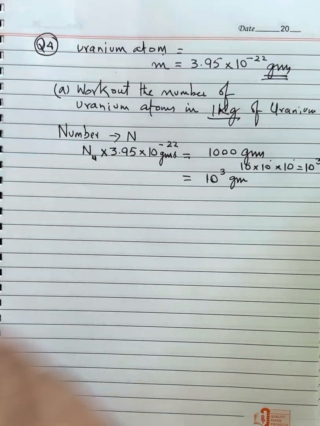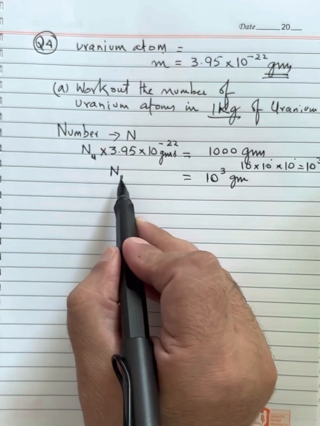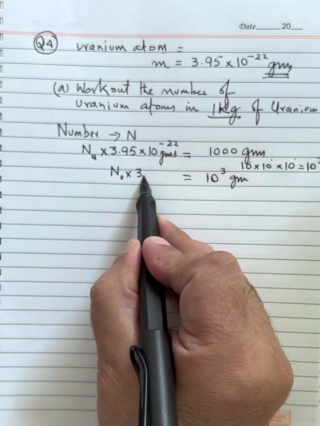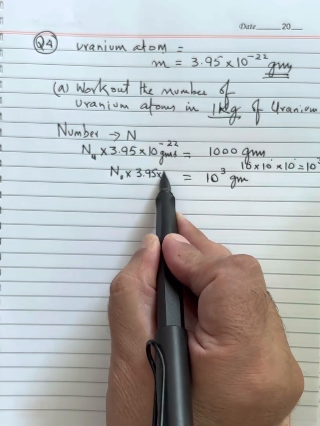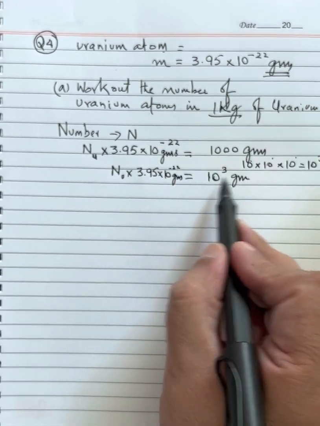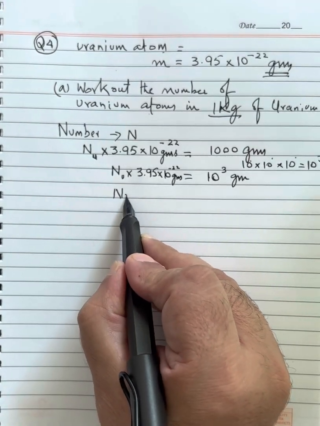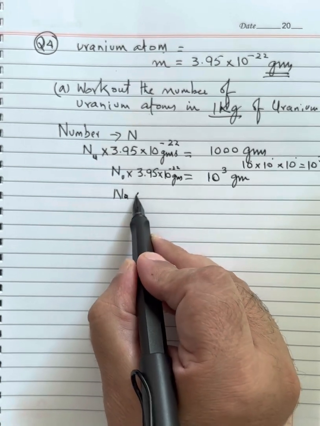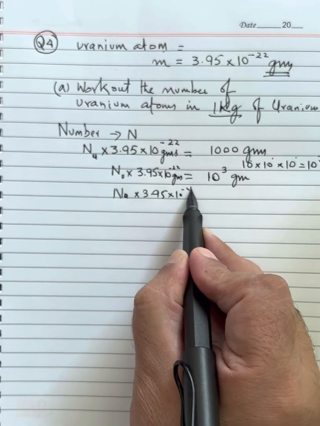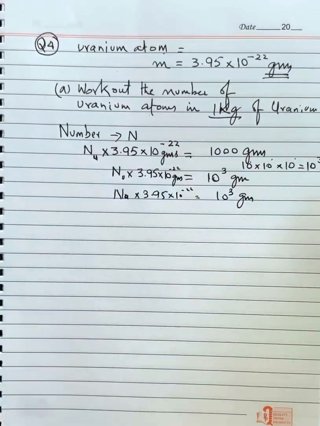All right, so now we have this equation: n uranium, that is the total number of uranium atoms, times the mass of one of those, is equal to 10 to the power 3 grams. All right, so if we want to find the number of uranium atoms, let me write all of it again. Simple, right?